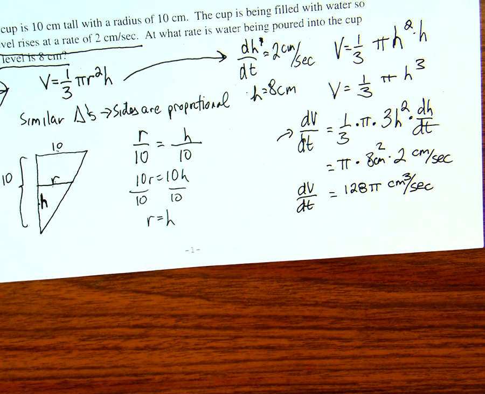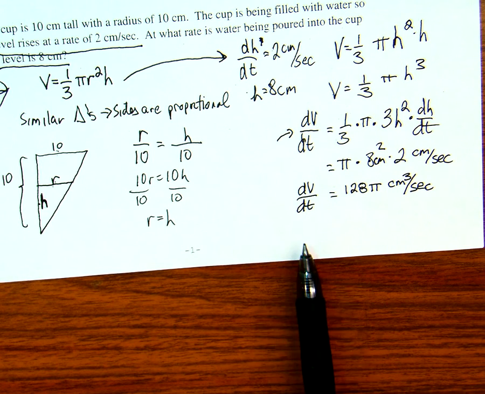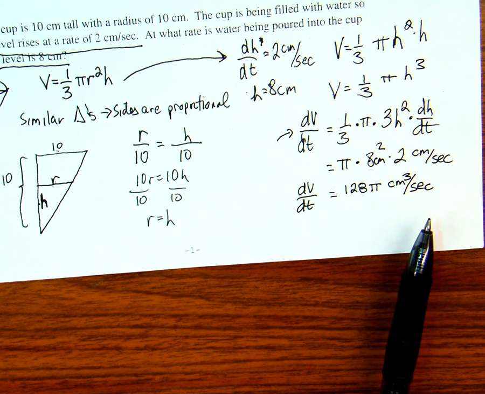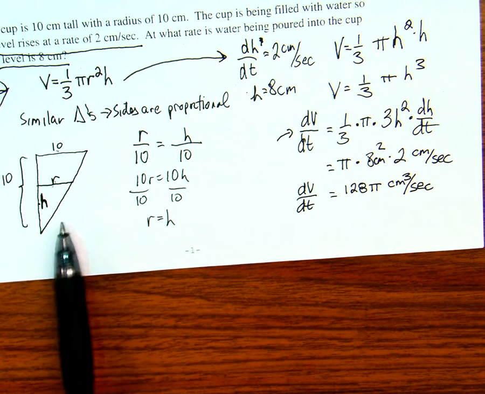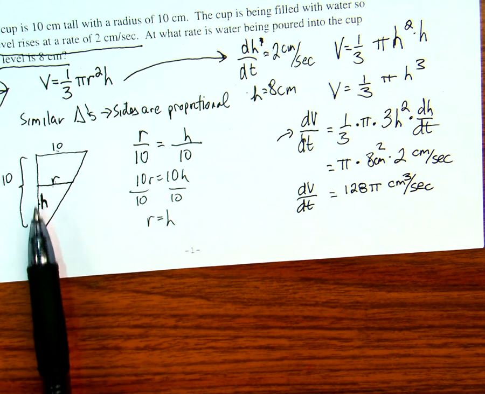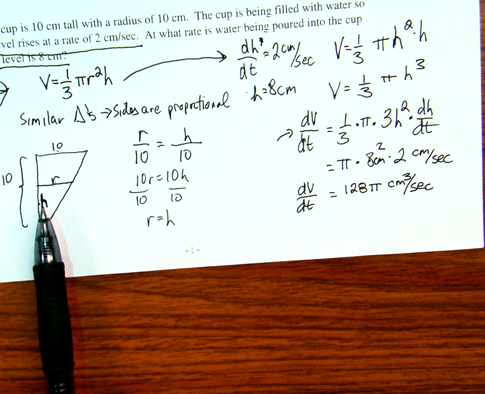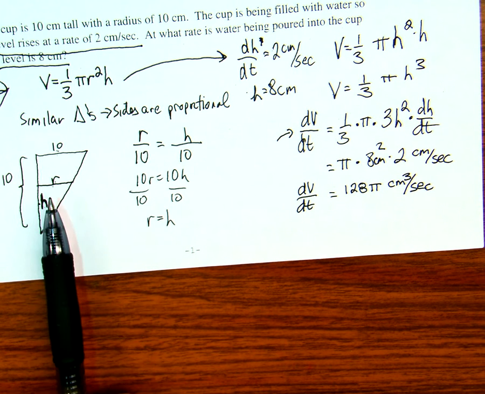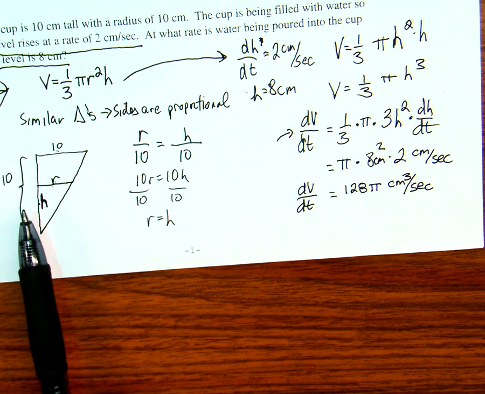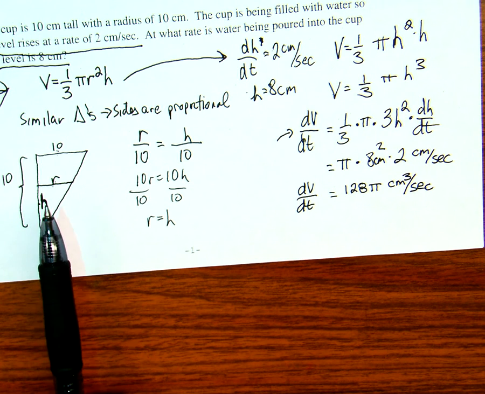Now, when you have a problem with a cone, they're either going to ask you about the rate of change of the volume, the rate of change of the radius, or the rate of change of the height. And every problem is going to be a variation of this, where you have to set up the similar right triangles, and then you have to figure out and basically replace h with r, or r with h, and get an equation in one variable over here on the right-hand side.